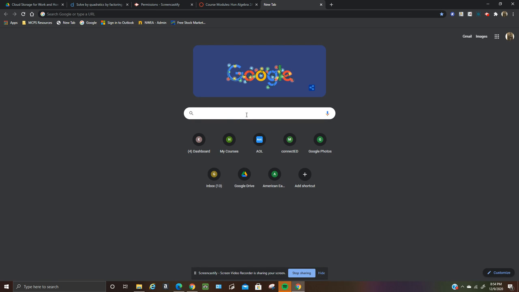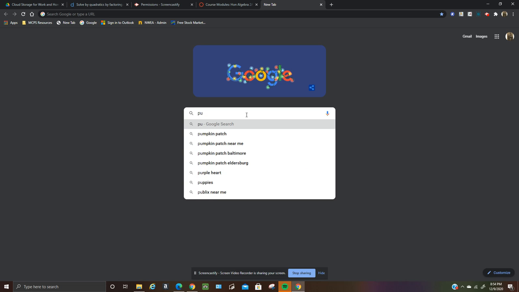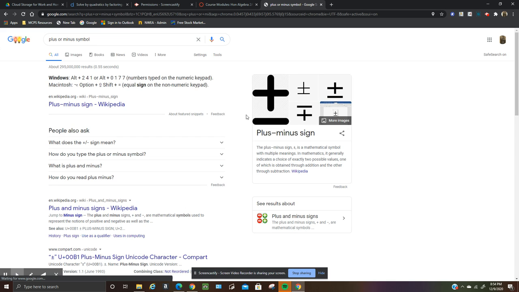So there's a way to get a plus or minus here. On Windows, it's Alt plus 0177 on the keyboard.